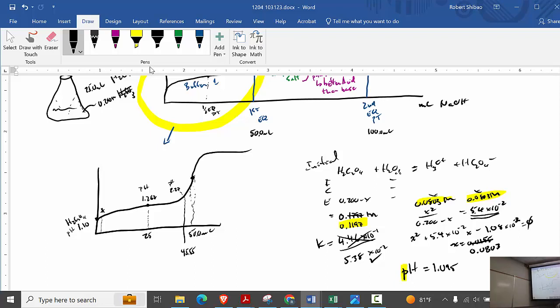Let's get 2 more points so that we can see how the curve looks. What are 2 more points that we can get? That should be pretty quick. The 1/4. The 1/4 is going to be at how many milliliters? Yeah, 12.5. And the pH will be the pKa plus.